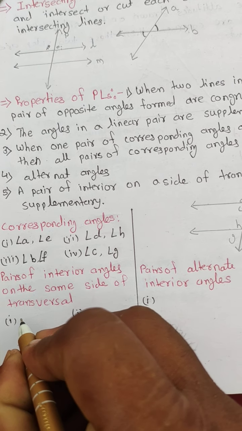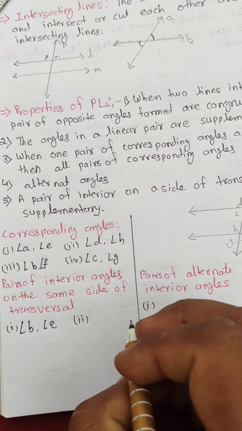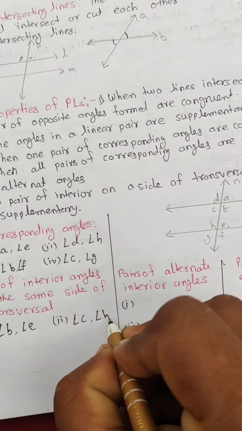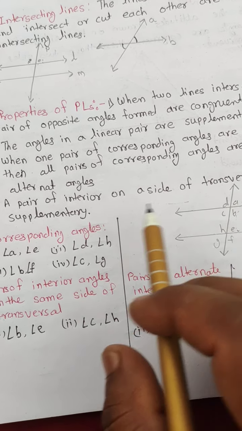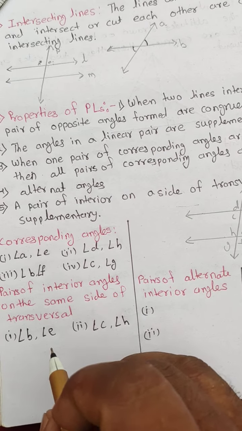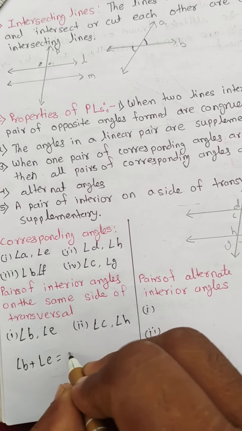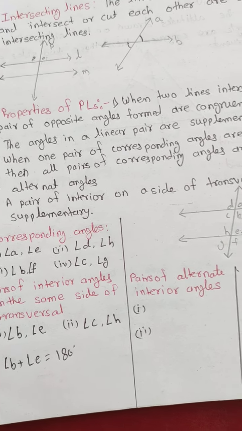Second pair is angle C and angle H. According to the fifth property, see, interior angles are supplementary. So the sum, angle B plus angle E, supplementary means 180 degrees. When you add, you get 180 degrees.